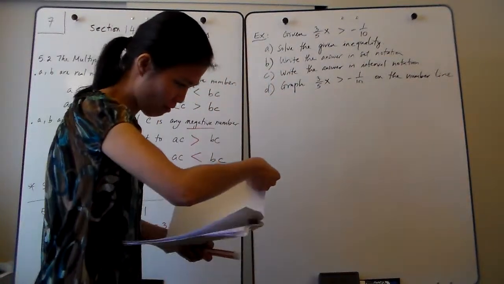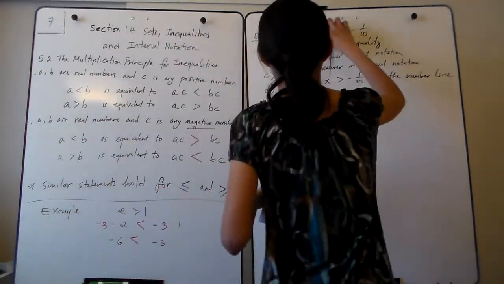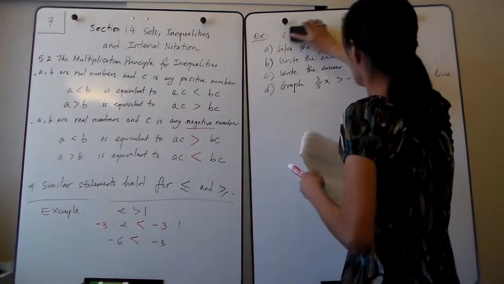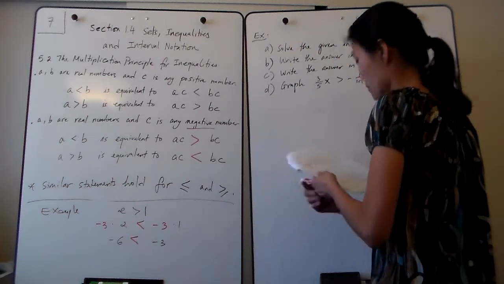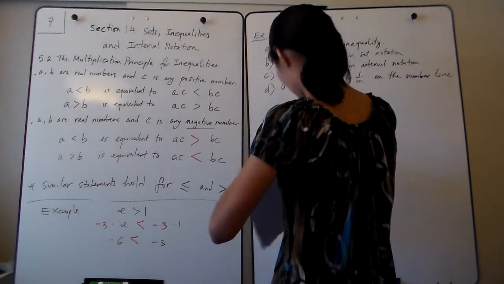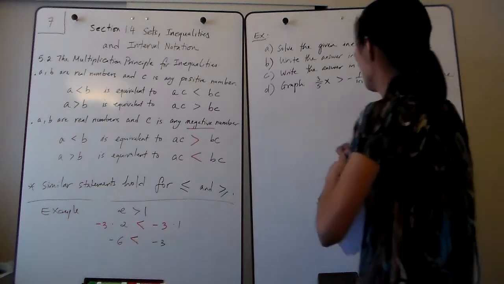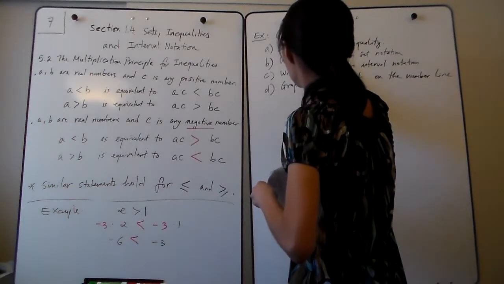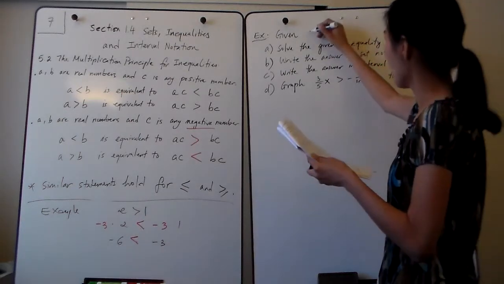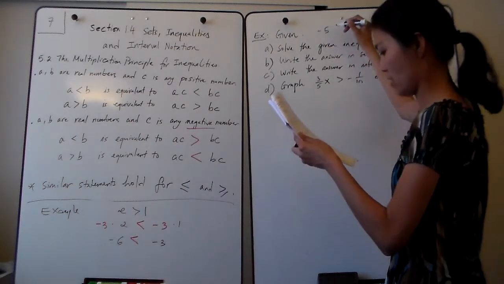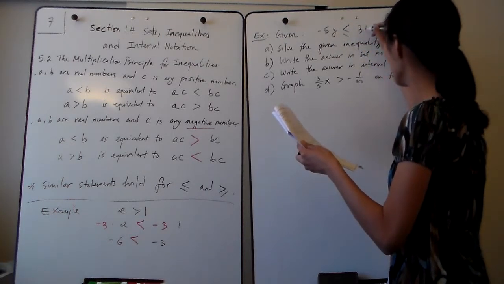So next, given the inequality negative 5y less than or equal to 3.5.